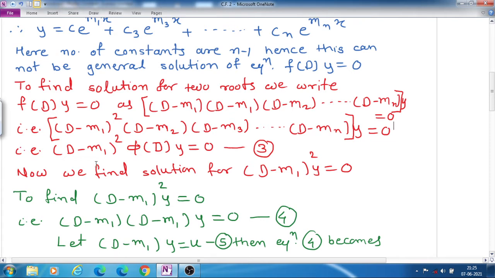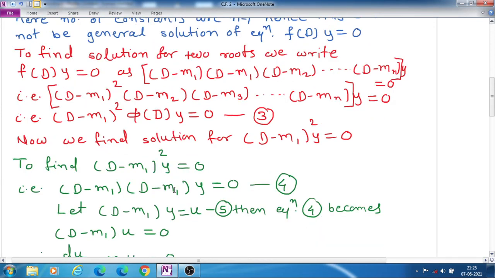So this D minus m1 bracket square remains here, and the remaining whole function in D we write as phi of D. So our equation now becomes D minus m1 bracket square into phi of D y equal to 0.